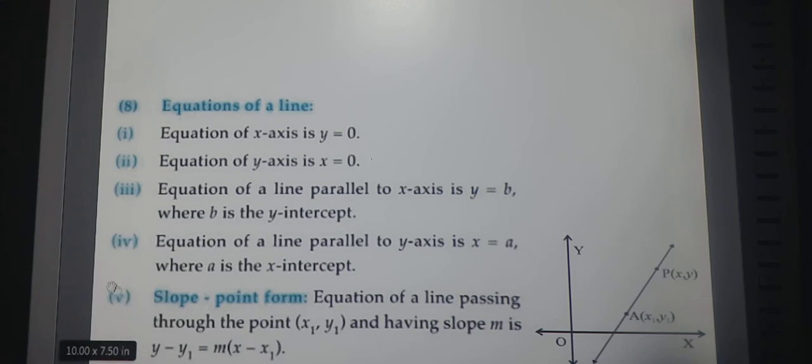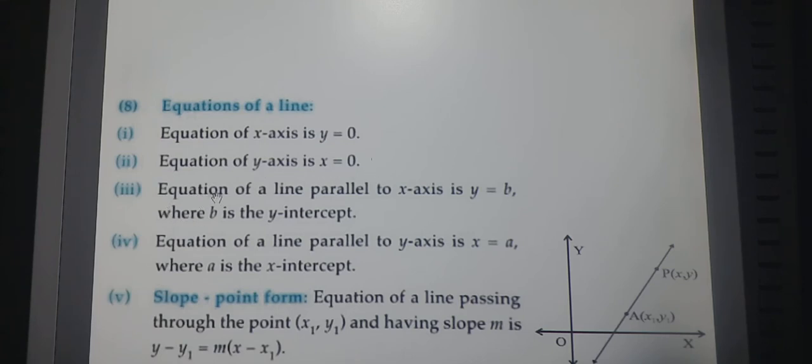Then we must know some standard equations of lines. So the first is equation of line. In that, equation of x-axis: we know that on the x-axis, y coordinate is 0. So from that we always remember equation of x-axis is y equals 0. Similarly, equation of y-axis is x equals 0.